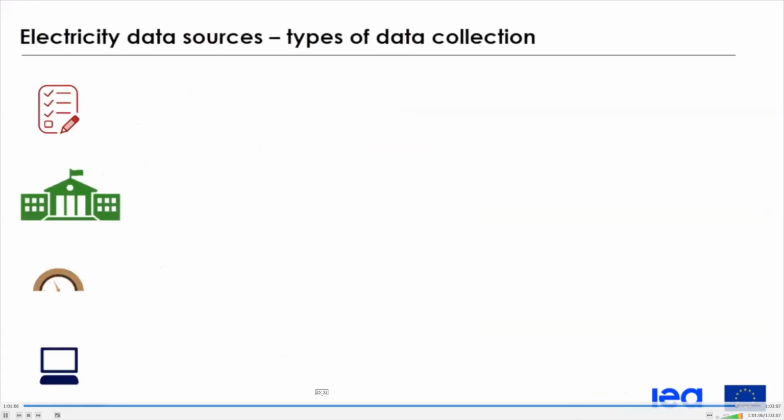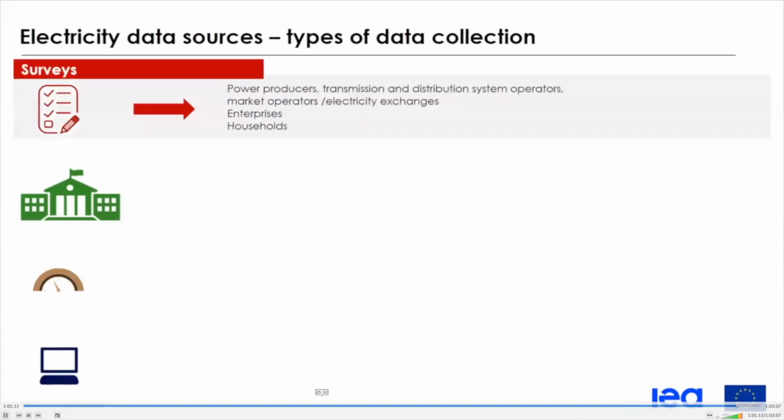Now we will briefly discuss the possible electricity data sources for your data collections. We already discussed this before. You can use surveys toward power producers, enterprises, households, or market operators to collect from them on a regular basis data on value of production or consumption.